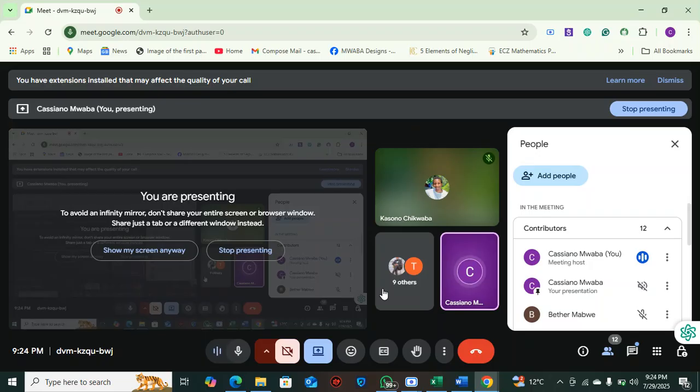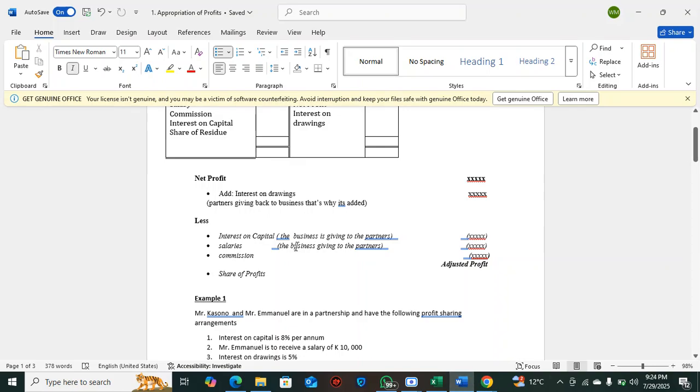There's a dormant partner who just puts in money. Yes, the active partner. So if there are any active partners, they will be entitled to a salary.